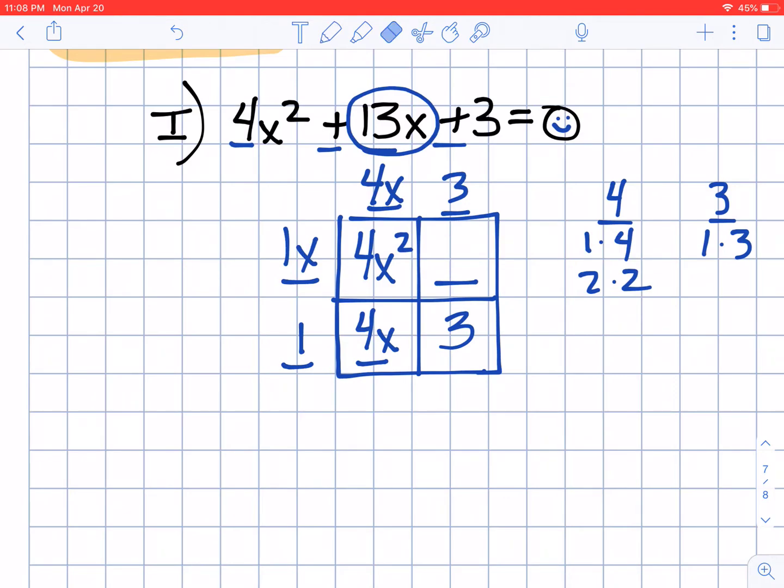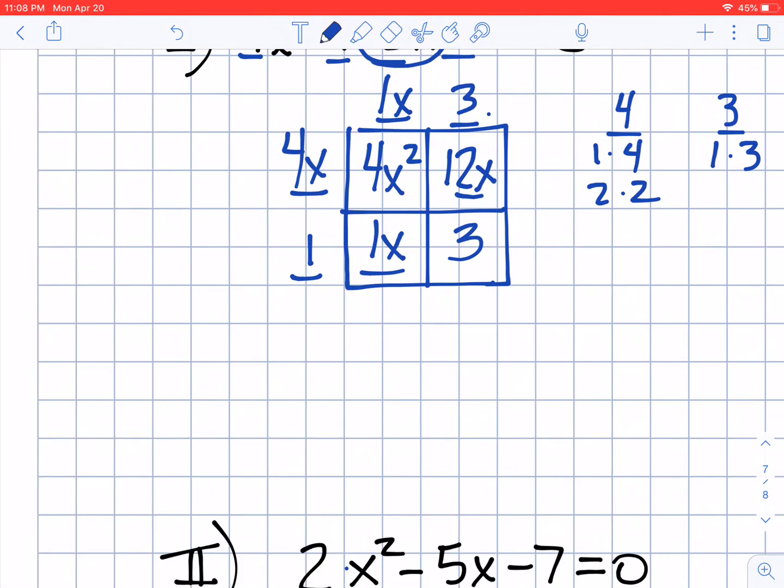It feels like we're stuck and there's no solution. But if we switch the 1 and the 4 around, yes, we do end up with a different possibility, because now I take 4x times 3 and I get 12x, and then here we have a 1x, and 12x and 1x is 13x, so we've solved it.